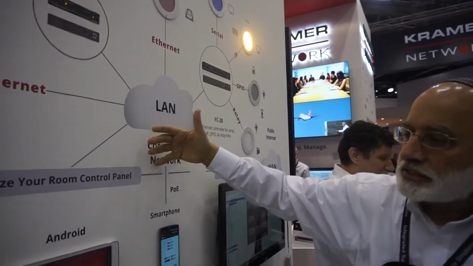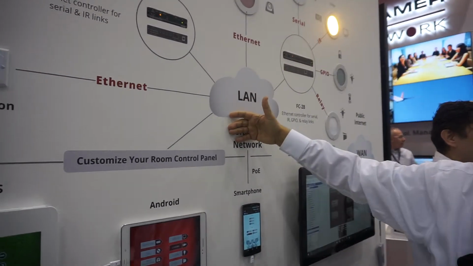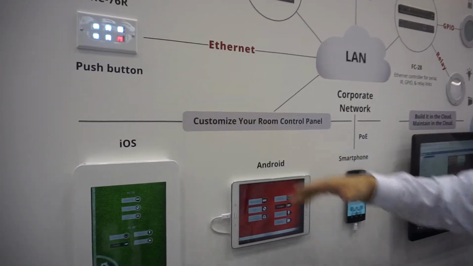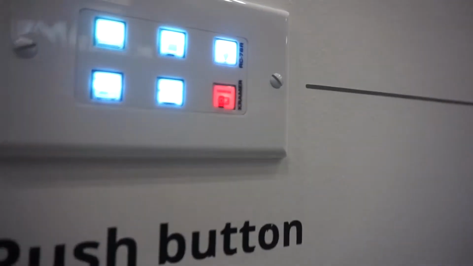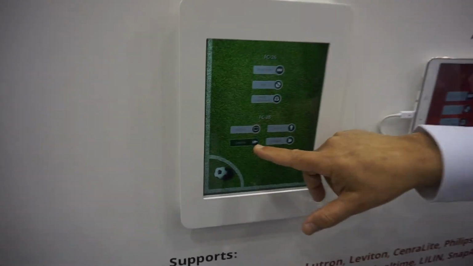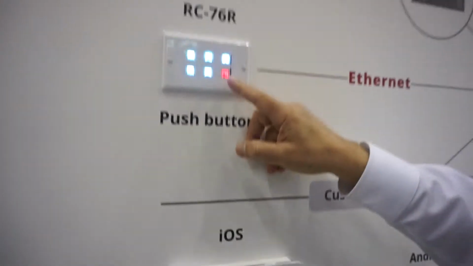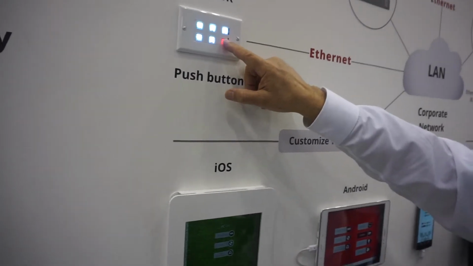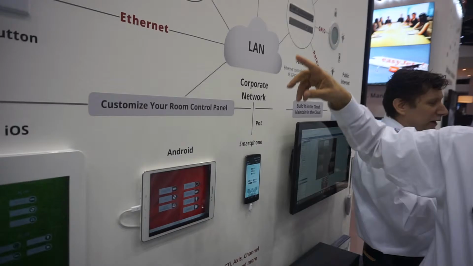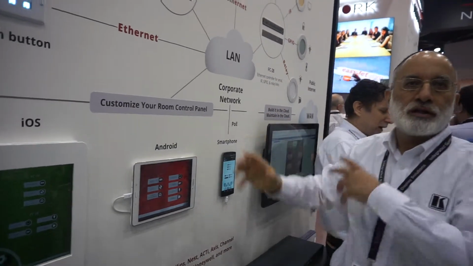Okay, a feedback is coming from here to all connected devices. So you see I pressed over here, you see this one is pressed as well, this one is pressed as well, and this one is pressed as well. Okay, and I can press this one and it will work again because they are in sync.